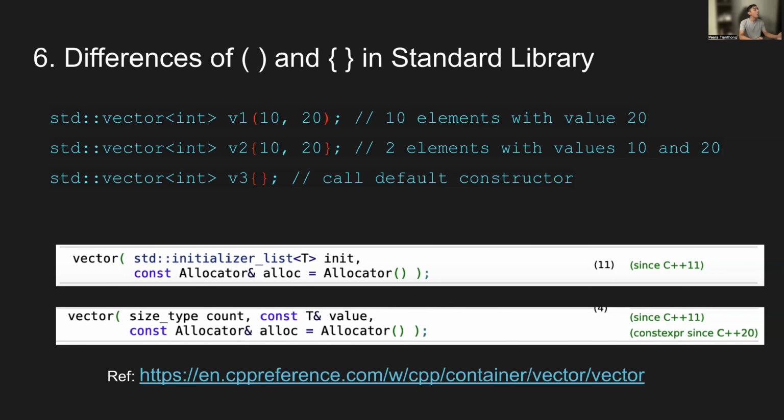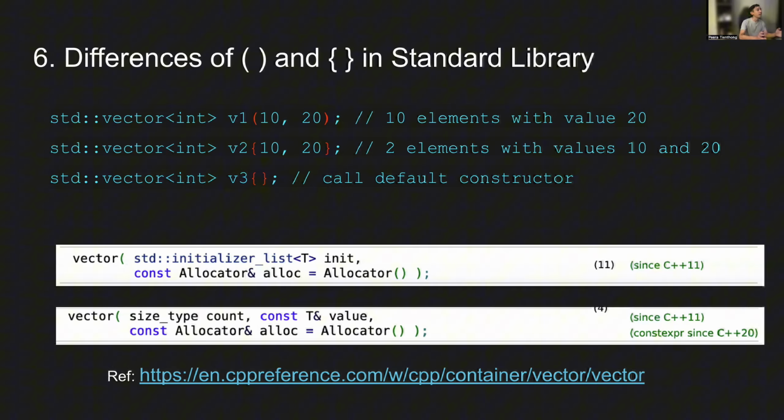So when you initialize an object with this library or other libraries in general, you need to read the documentation and understand how to use it. In this case, the differences between parentheses and braces are completely different.